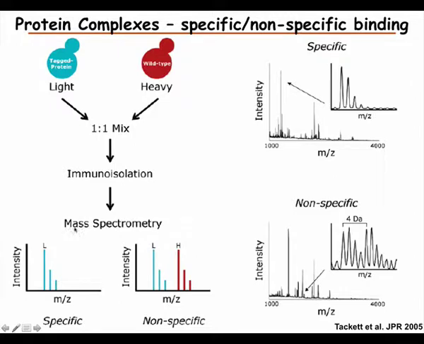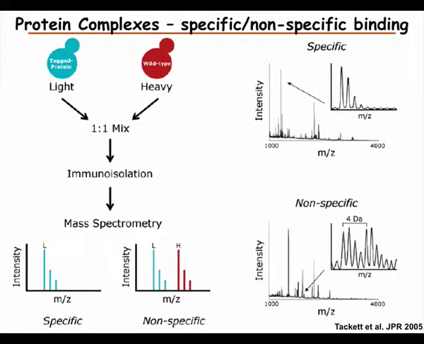What you expect is that the specific interactors should only come from the light in this case, while the non-specific should come from roughly equal intensity from the heavy and the light. And in this case, you should also always do the reverse, to make sure. And that's actually what it looks like. So you get these specific ones, and then you get non-specific.